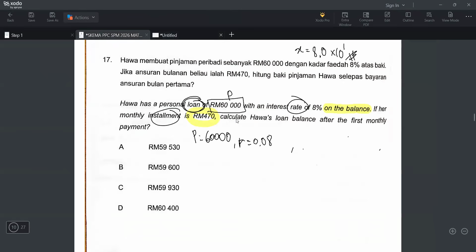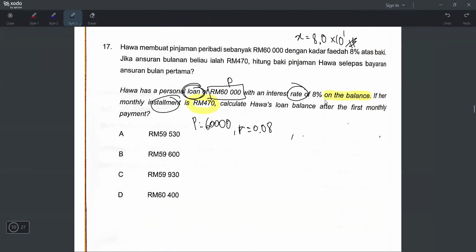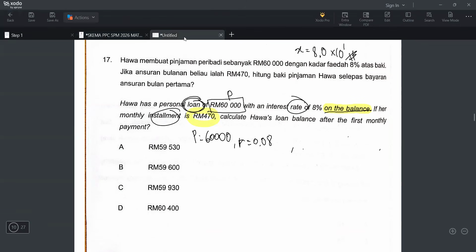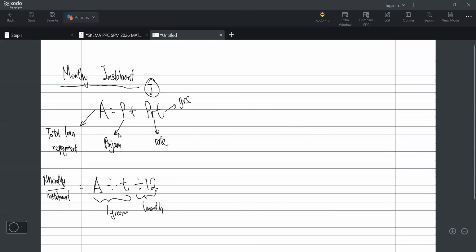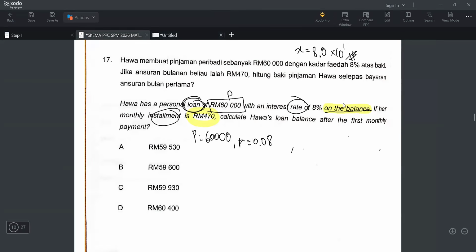Now they say calculate Hawa's loan balance after the first month payment. If the question says on the balance, that means we cannot calculate like this, because this calculation is for over 5 years or 7 years. But if it says on the balance, you have to calculate 1 month, 1 month, 1 month. It has to be month by month.